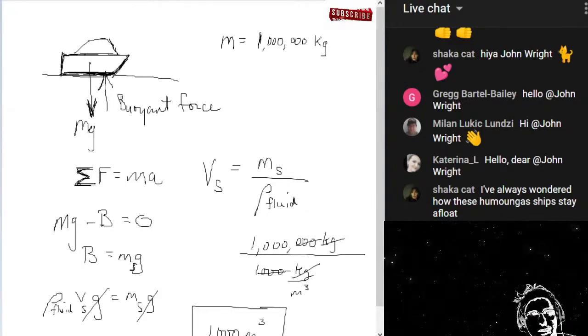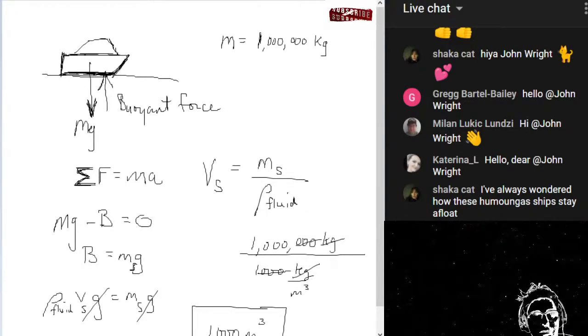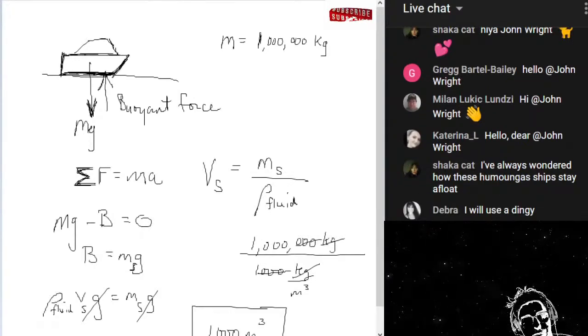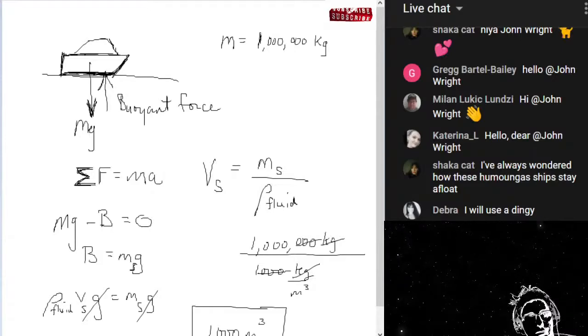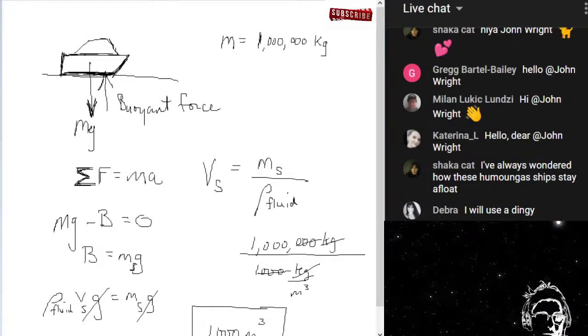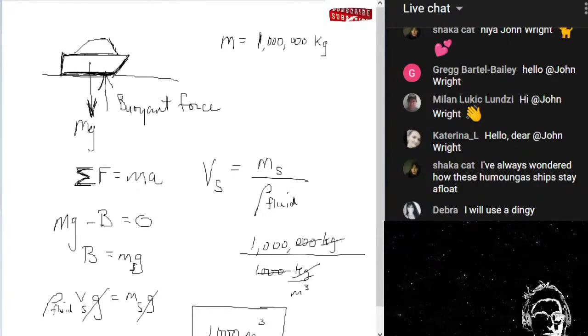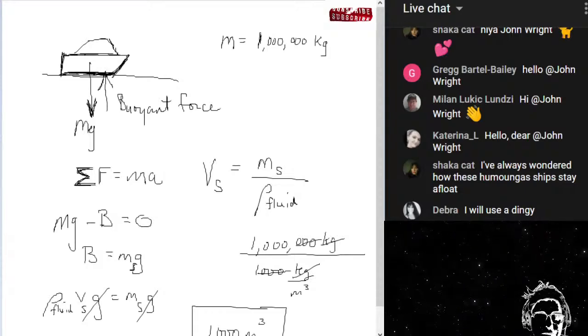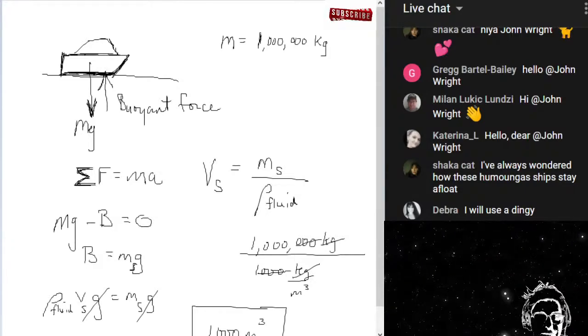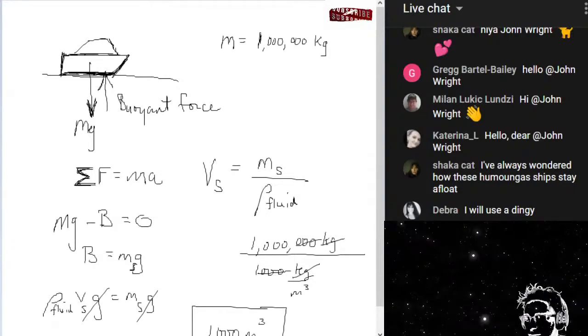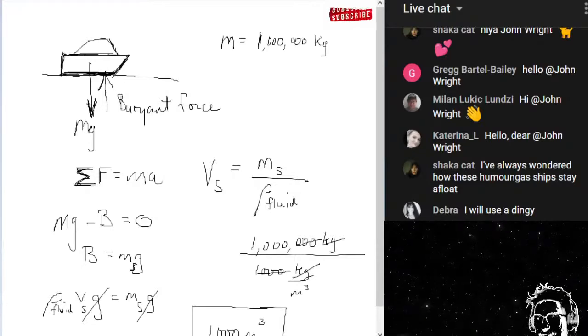They're displacing a lot of water. A lot of water is being displaced. They use a dinghy.